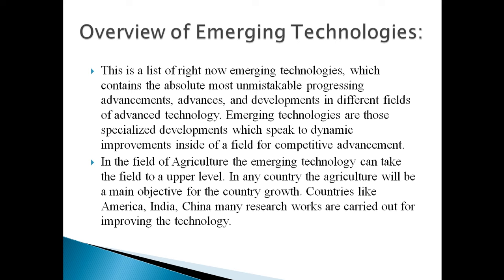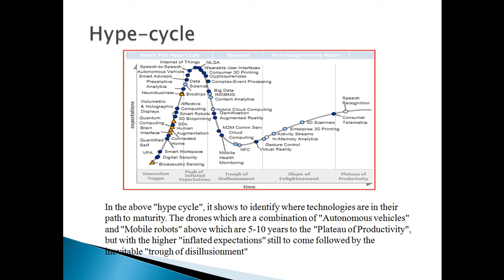In any country, like India, America or China, agriculture is the main part of their country. So to improve that, they use technologies like drones, and there are many more technologies to come. This is my overview of emerging technologies.